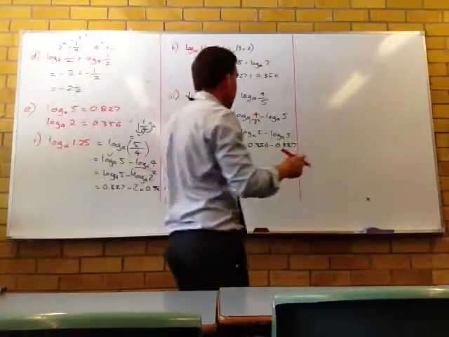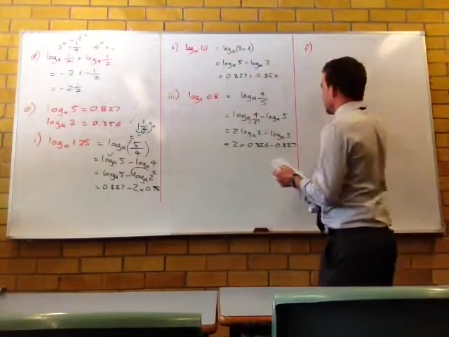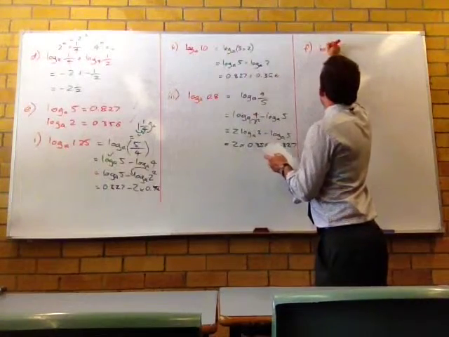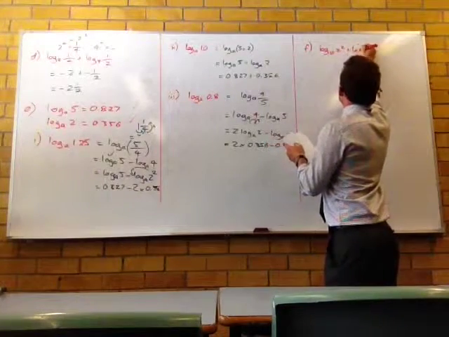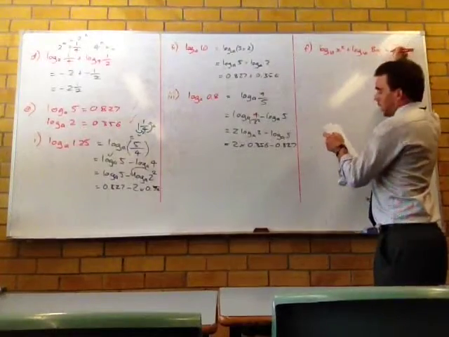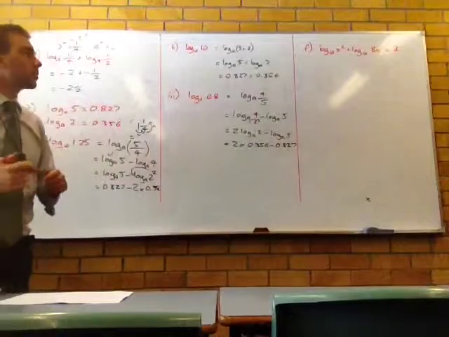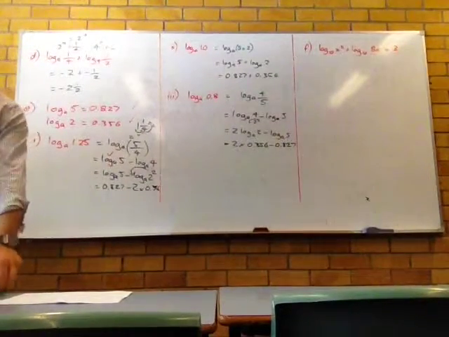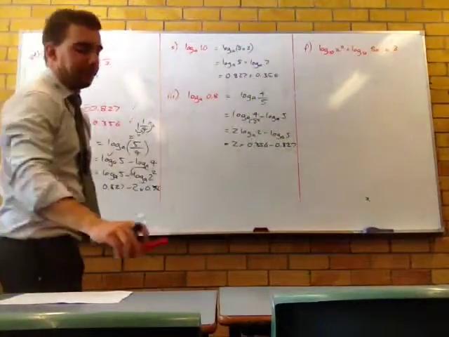Alright, last one. Solve log base 10 of x squared plus log base 10 of 8x, and that equals 3. Right, suggestions on the first step?